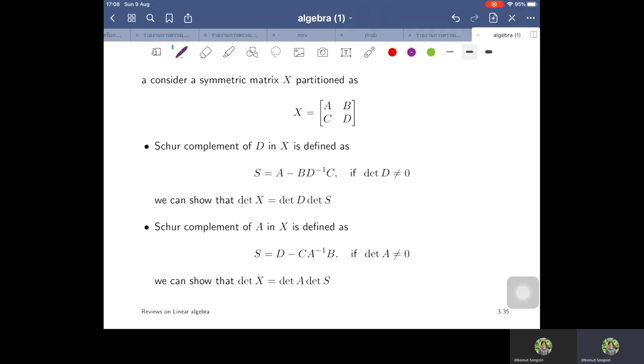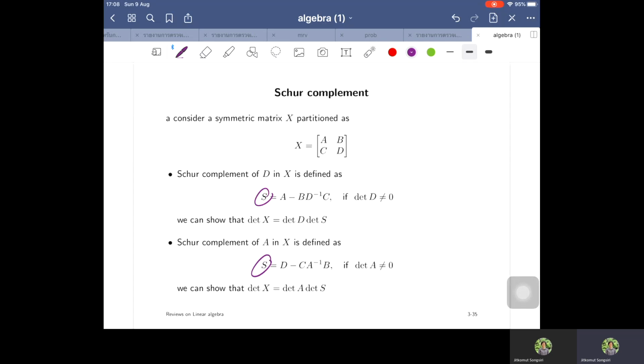So now we have two different ways, and the two Schur complements will have different sizes, actually different matrices. Now, let's see how these results can be shown.